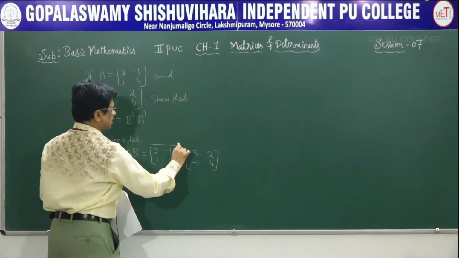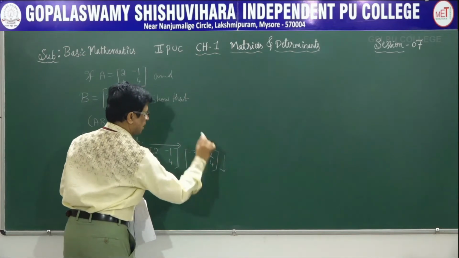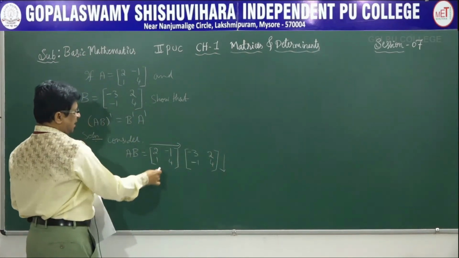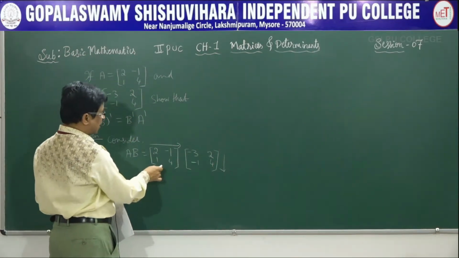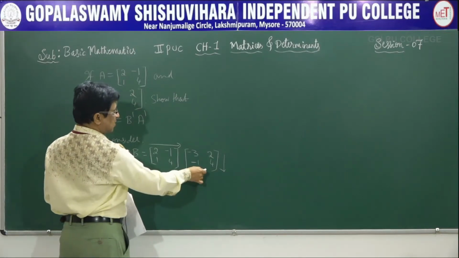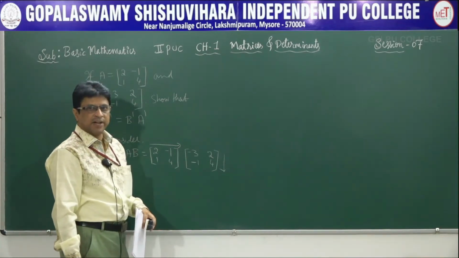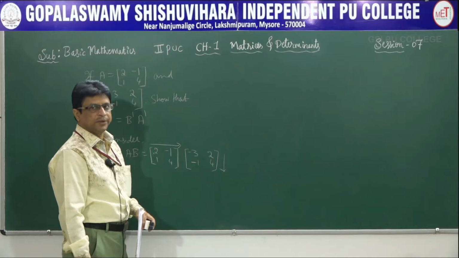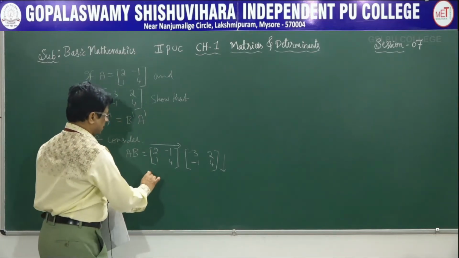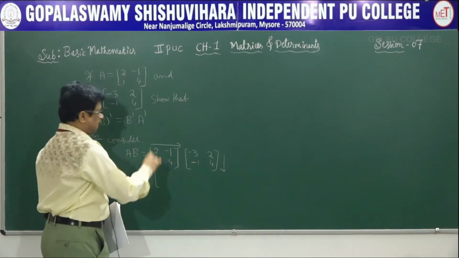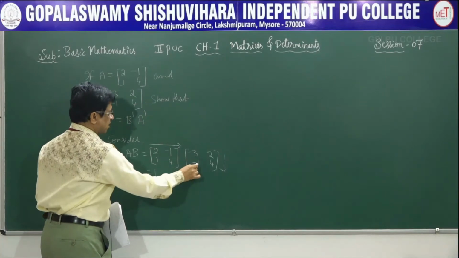So, the rule is row into column. Since A is a square matrix of order 2 into 2 and B is also a square matrix of order 2 into 2, naturally the AB matrix will be also a square matrix of order 2 into 2. So, that will be equal to, so first row into first column.